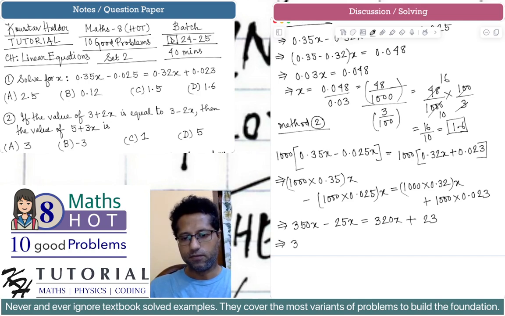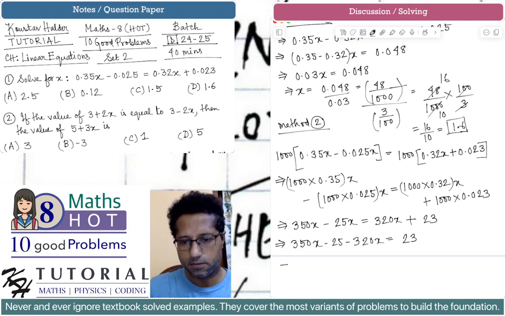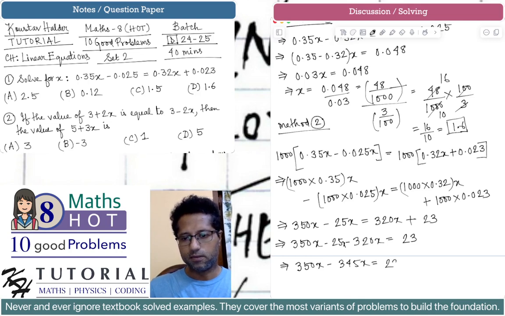This will be 350x minus 25x minus 320x is equal to 23. This implies 350x minus 345x is equal to 23.